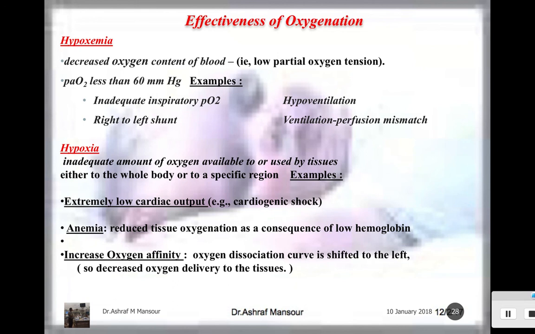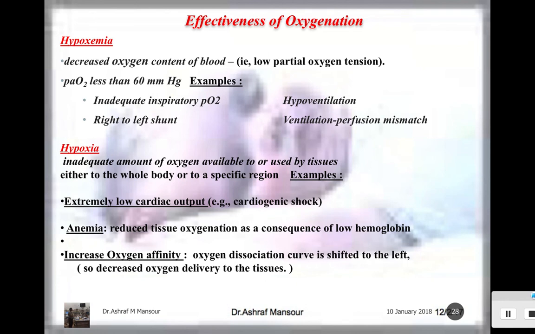So hypoxemia and hypoxia are different, but we use them as the same. Especially in preterm, when we have a baby who is anemic, the level of hemoglobin will affect the state of effective oxygenation of the baby.